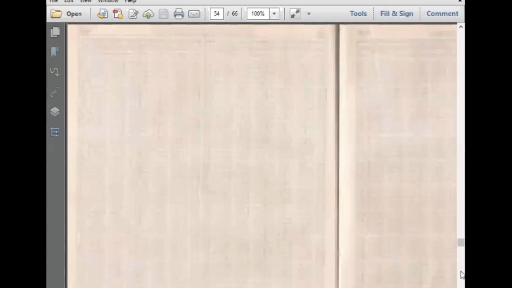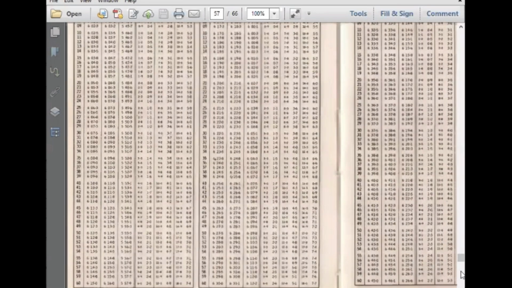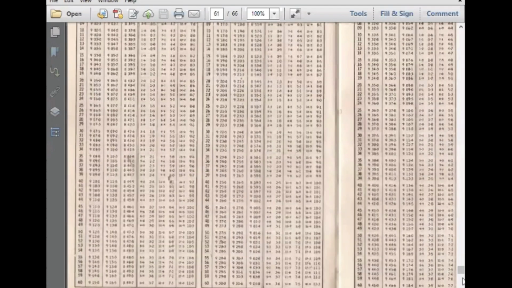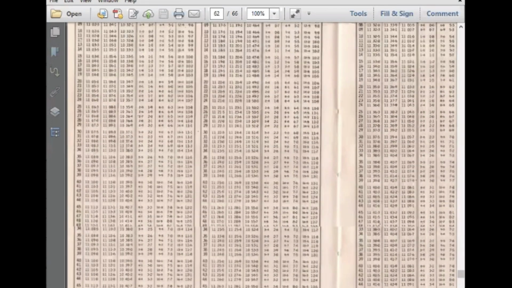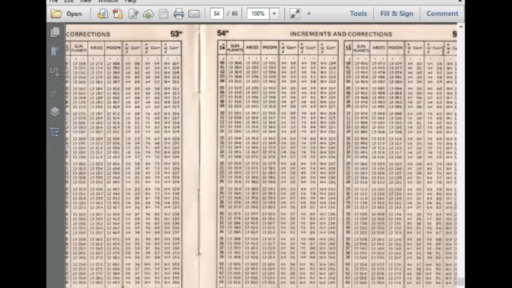Correct, so let us go to 55 here and see that 1 के लिए कितना है. 55 के लिए, 1 is 0.9, so plus 0.9, so you got 0 degree 10.9 minutes south is the declination. यहाँ तक ठीक है everybody?